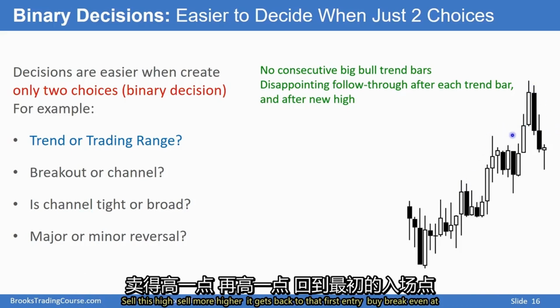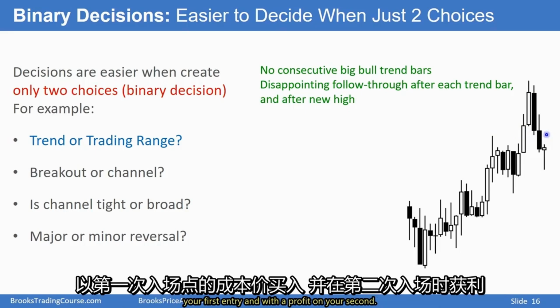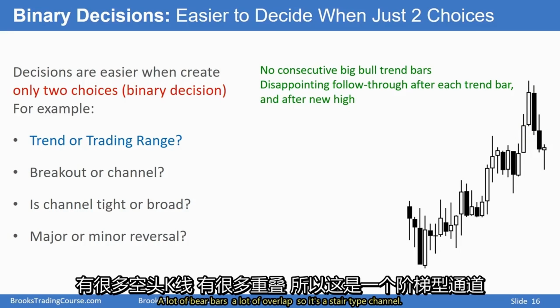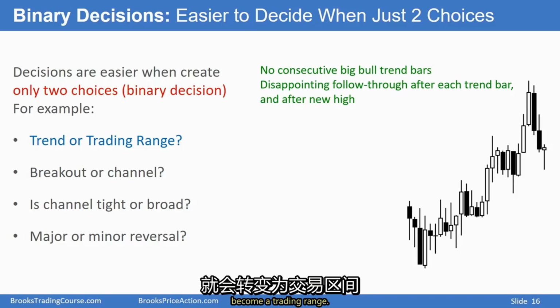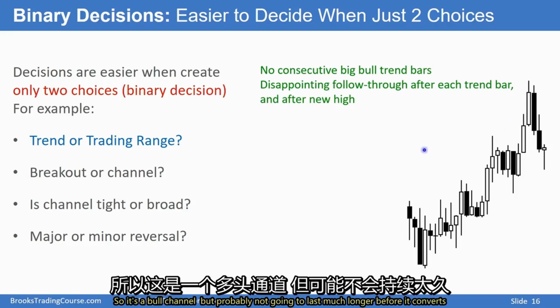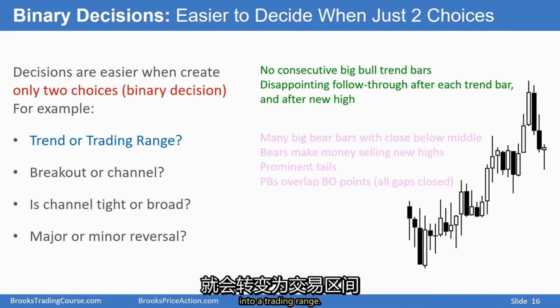It gets back to that first entry, buy back break even at your first entry and with a profit on your second. A lot of bear bars, a lot of overlap. So it's a stair type channel. Limit order bears are making money. So this is probably a bull leg in what will soon become a trading range. So it's a bull channel, but probably not going to last much longer before it converts into a trading range.